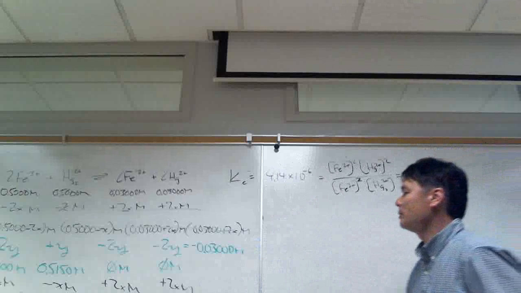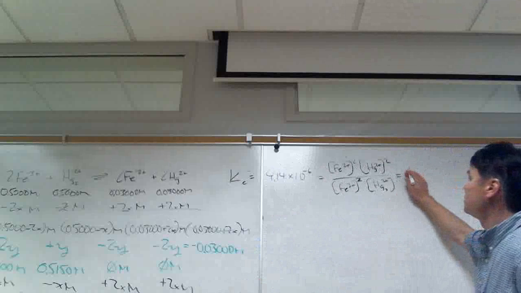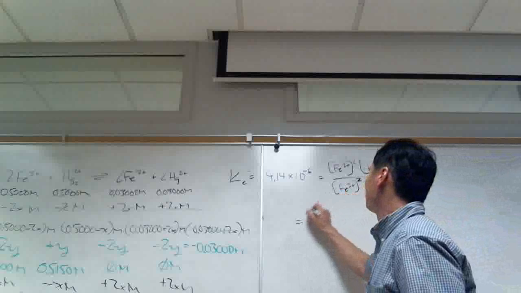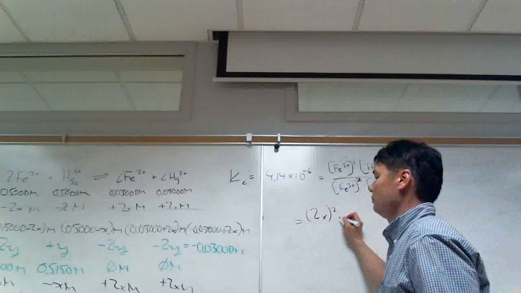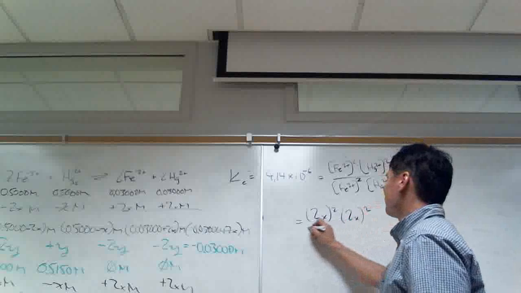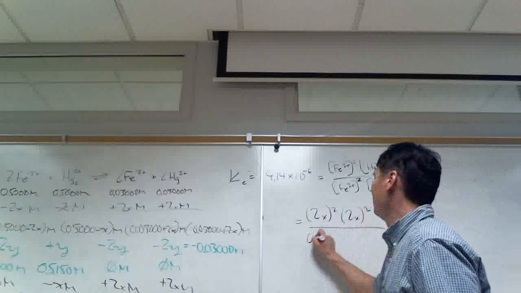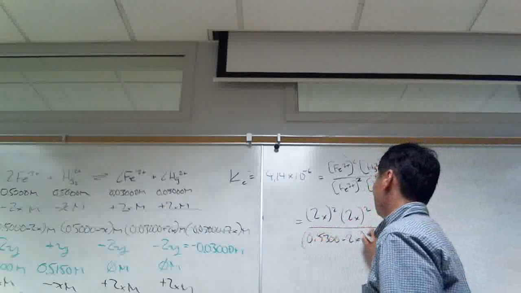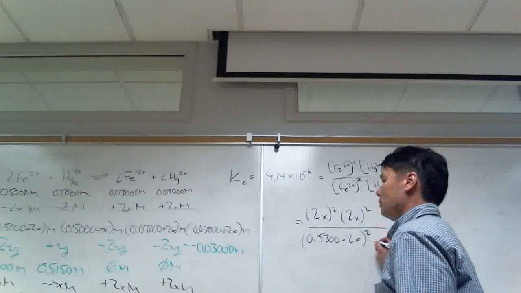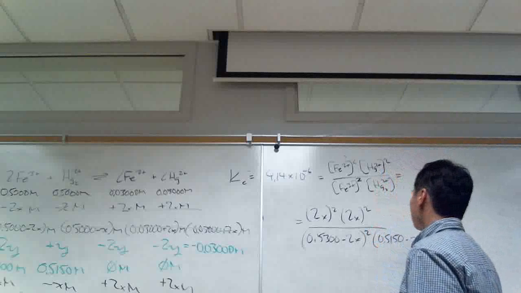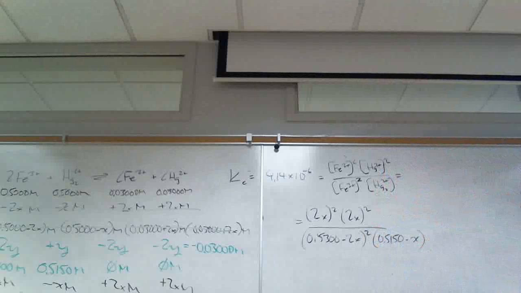And so now let's plug this in to our equation here. So Kc is equal to 2x quantity squared times 2x quantity squared divided by 0.5300 minus 2x squared times 0.5150 minus x to the first.